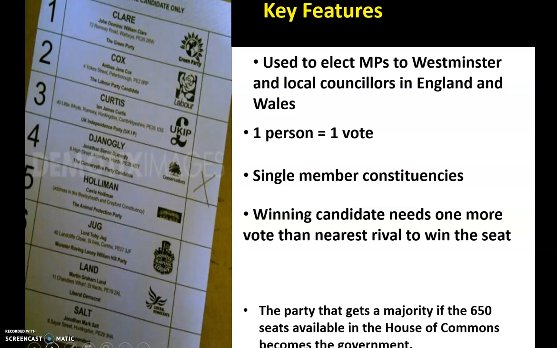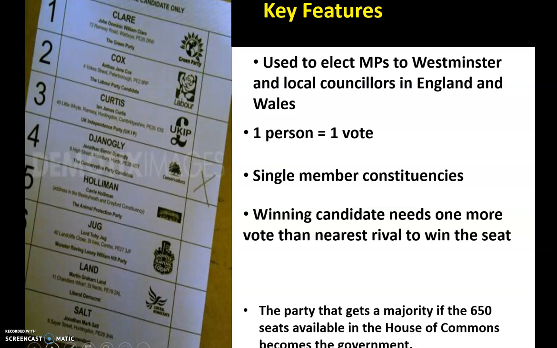Now, to win an election, to win that seat for that particular area, i.e. to become the MP for Nuneaton or the MP for Hinckley, you need to get one more vote than your closest rival. So let's say, for example, Nuneaton has 80,000 voters.